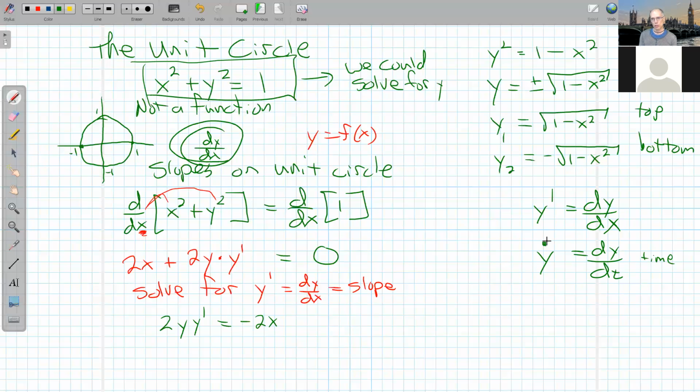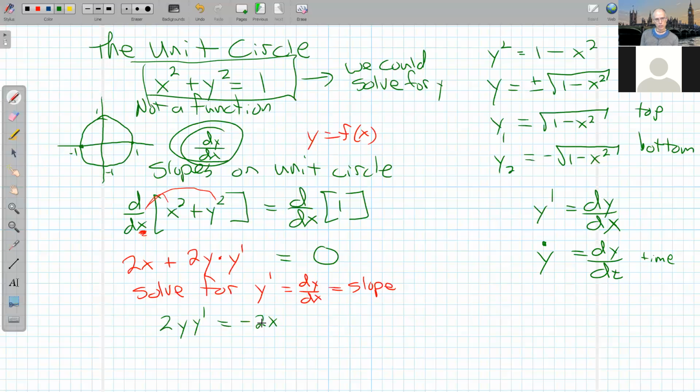And so I usually only use the dot notation if I know my independent variable means time. Otherwise, I use a y prime, which usually means dy dx. So here I wouldn't use the dot, but some people do. Technically, it's supposed to be a derivative with respect to time. All right, so that's a good question.